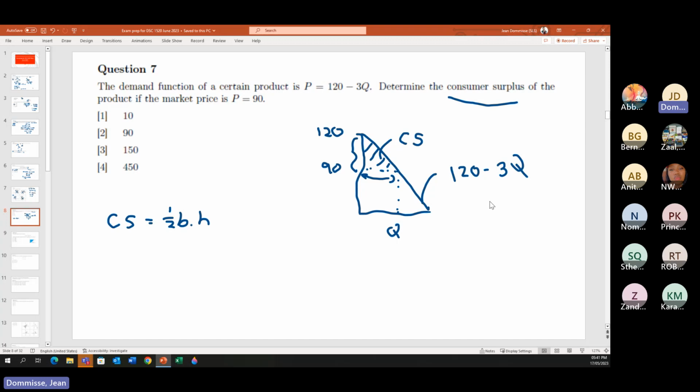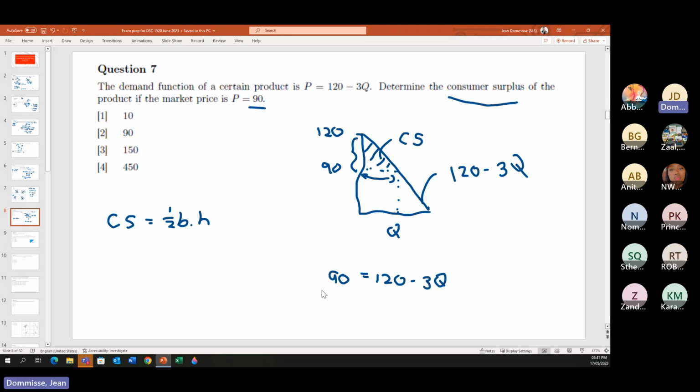How do we work out the value of Q? We know that at a price of 90, the value of Q will be calculated by this formula.